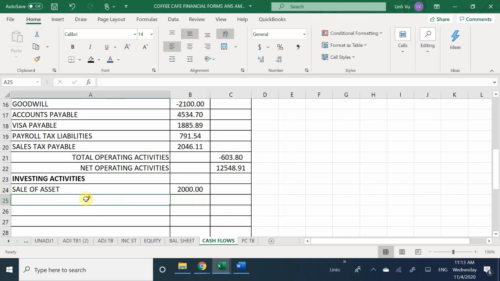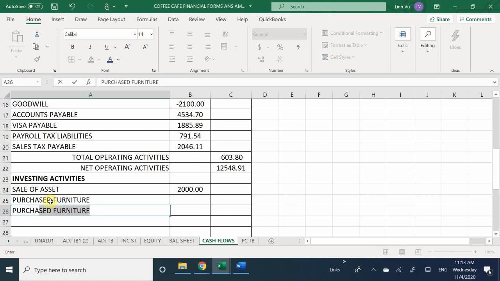Now, everything else that you have to do is you're going to reflect the historical cost because this is us purchasing, hence investing into our company. So the first thing that we did was we purchased furniture. Okay? And then we also purchased office equipment.